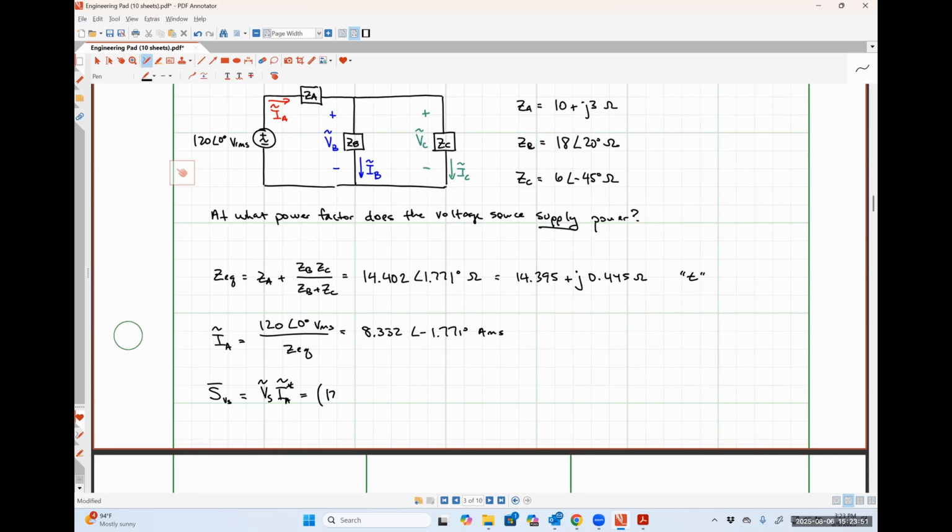So that's just going to look like 120 angle 0 degrees volts RMS times 8.332 with an angle of positive 1.771 degrees amps RMS.